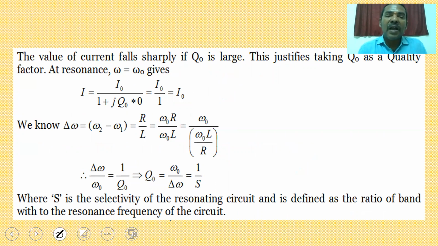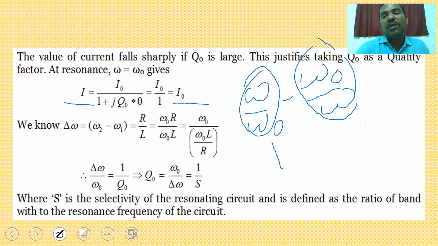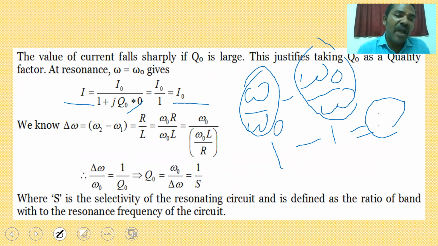If the omega value and omega naught value are the same, then the total current must be equal to the resonating current only, because omega by omega naught minus omega naught by omega are both 1. So 1 minus 1 is 0, and this value is multiplied by Q naught. There is no imaginary part, and the total I must be equal to I naught only.